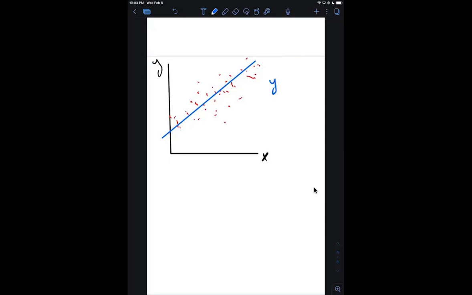So we have basically this setup here that we think characterizes the model at the population level. And our goal is to come up with estimates for beta 1 and beta naught, primarily beta 1.